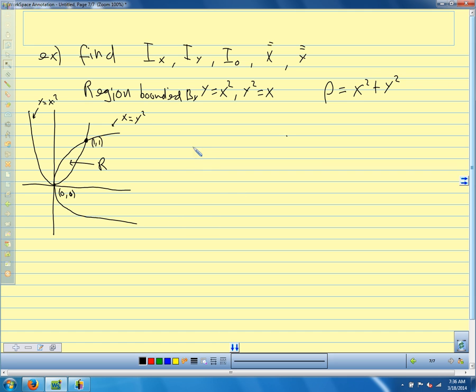So our integral for the mass is going to be the double integral. And I'm going to set my rectangles vertically, because my preference is to set them vertically. y equals x squared to, what's my upper limit of integration?